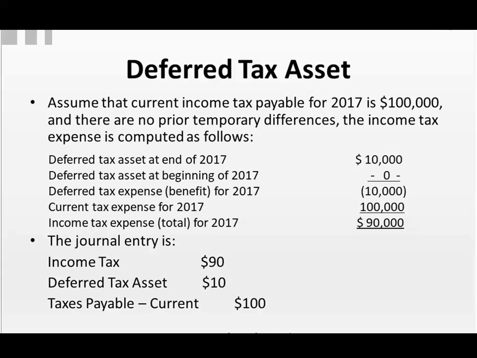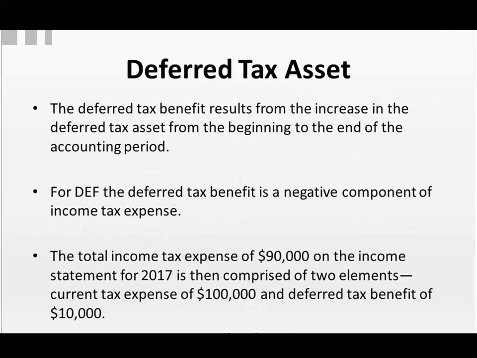All right. So again, make a big distinction between the tax expense and the taxes payable, current. The difference being an adjustment to a deferred tax account, whether it was the liability we saw earlier or the deferred tax asset that we see right now. Okay. So that's the deal on the deferred tax asset. So the deferred tax benefit results from the increase in the deferred tax asset from the beginning to the end of the accounting period.